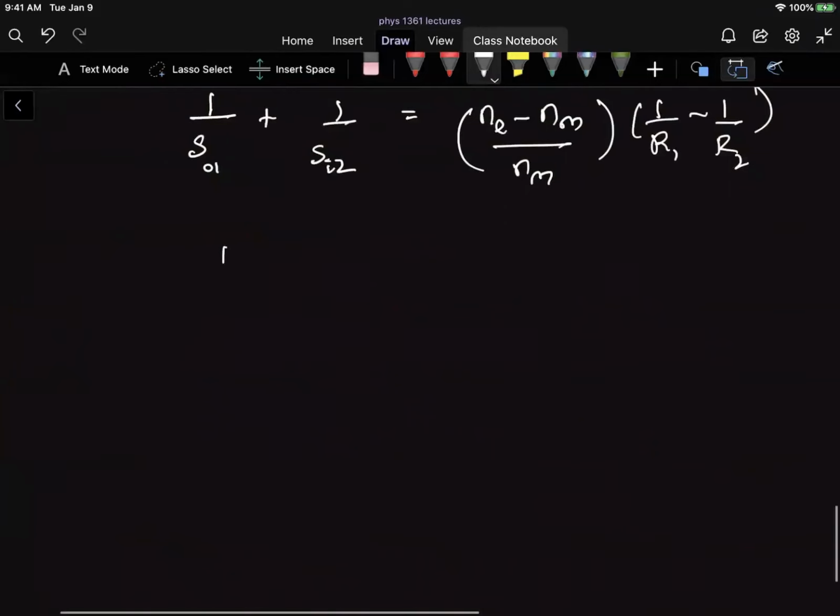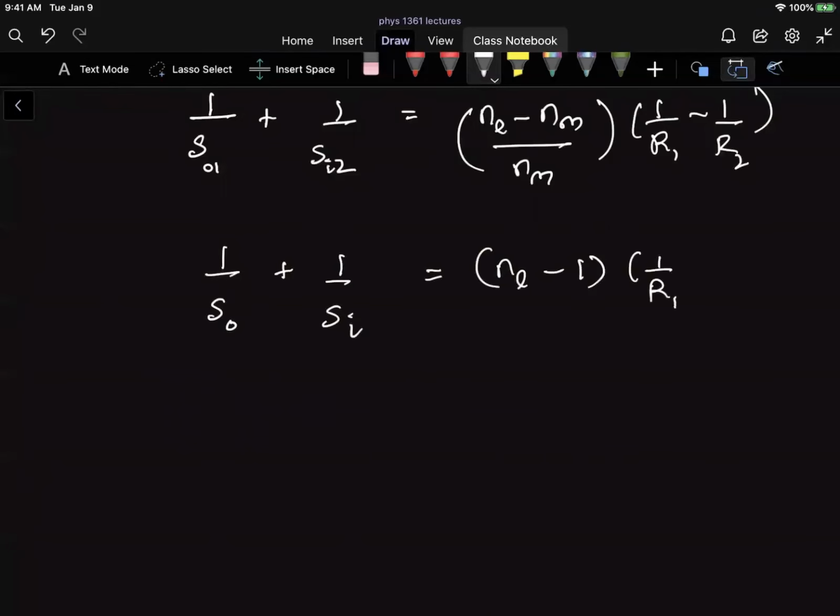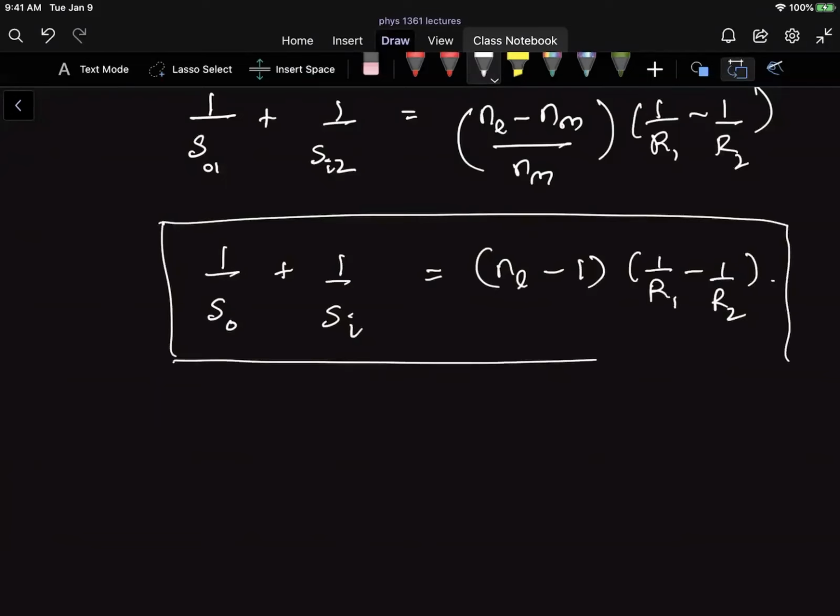So we can simply replace this by 1 over S_O, object distance, plus 1 over S_I, image distance, is equal to, assuming the lens is sitting in air, N_L minus 1 times 1 over R1 minus 1 over R2. This equation is called the Lensmaker's equation or Lensmaker's formula.